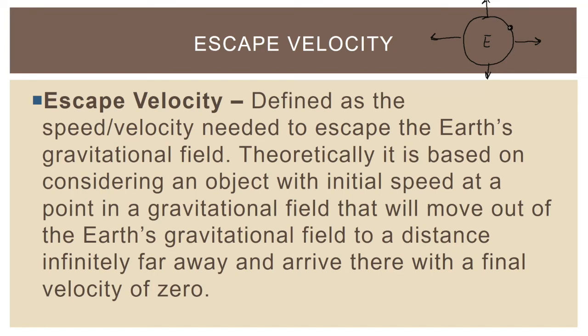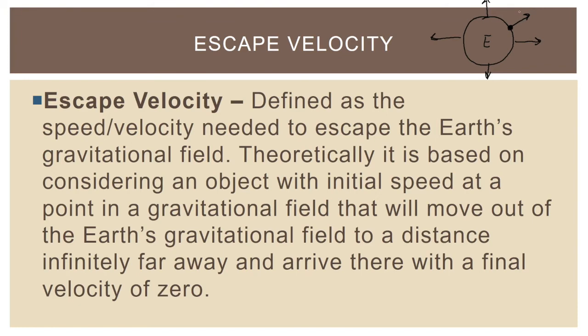If an object starting on the surface of the Earth were going to leave the surface of the Earth and continue in a straight line directly away from the Earth, what speed would it have to have to arrive at a distance infinitely far away from the Earth at the exact moment the Earth's force of gravity, which notice is always going to be acting opposite the direction this object is moving in, fully slows it down to a stop? That's what the escape velocity is.